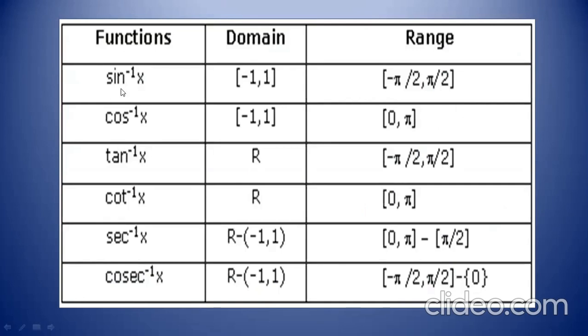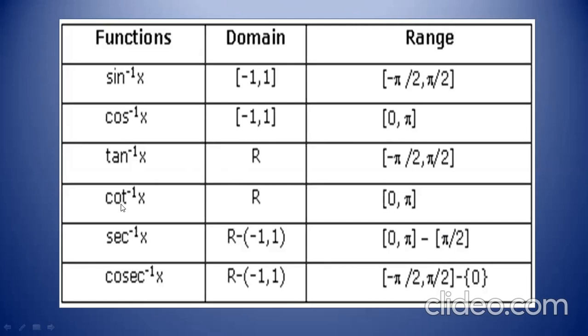Now sine inverse x domain is the closed interval -1 to 1 and range is the closed interval -pi by 2 to pi by 2. Cos inverse x domain is -1 to 1 and range is the closed interval 0 to pi. Tan inverse x domain is R, from -infinity to infinity, and range is -pi by 2 to pi by 2.